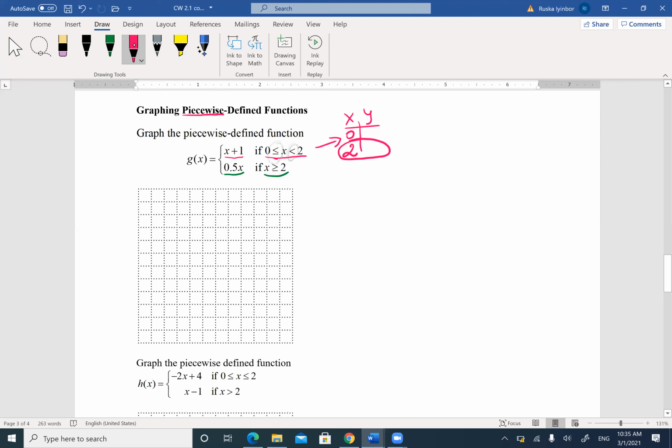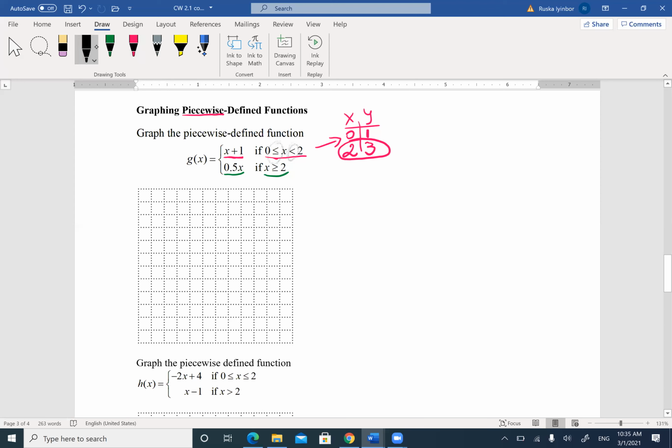Then you're going to plug it in. When x is 0, we plug it into this function, so 0 plus 1 is 1. Y is going to be 1. And when I replace x with 2, 2 plus 1 is 3. So these are the 2 points I need to graph. I'm graphing 0, 1.